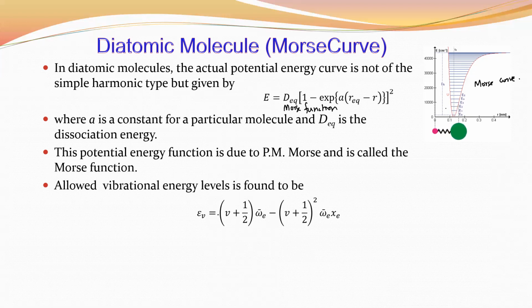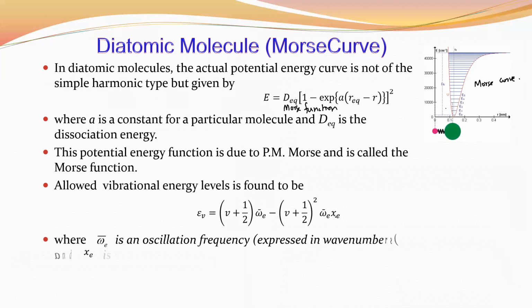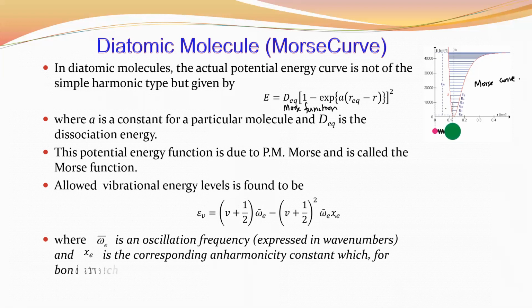Then how can the energy be obtained? It can be obtained by solving the corresponding Schrodinger equation. Then E is equal to v plus half nu e bar minus v plus half whole square nu e bar into Xe, where nu e bar is the oscillation frequency and Xe is the corresponding anharmonicity.